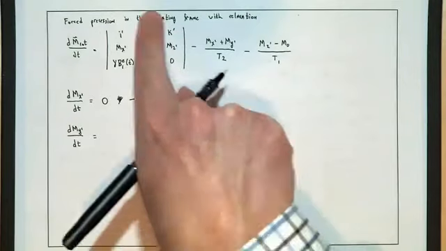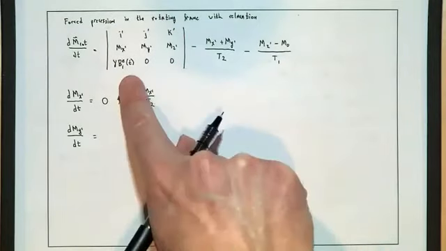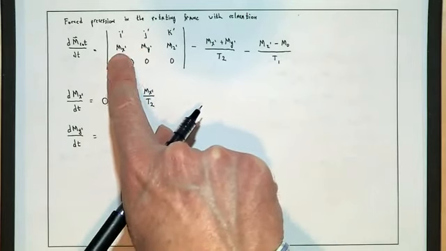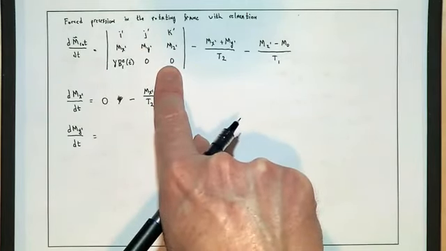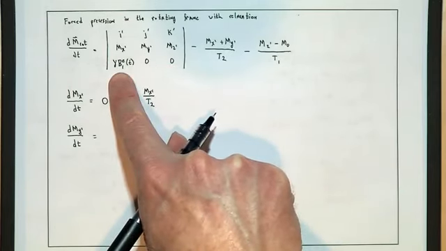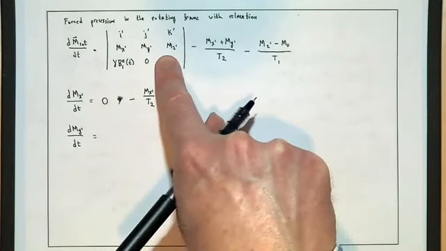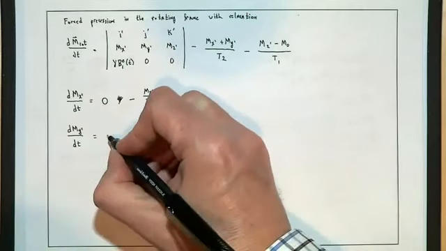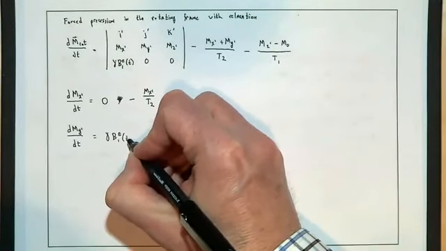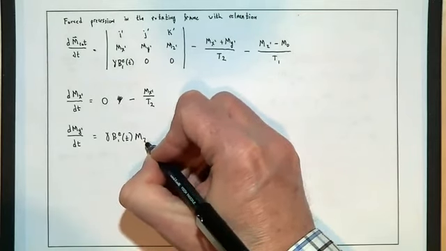So remember, I have to take the determinant of this thing. When I look at my j direction, I get an mx prime times 0, so nothing there. And then I have a gamma b1 term times my mz term here. So I should get a gamma b1 envelope of time times mz prime.